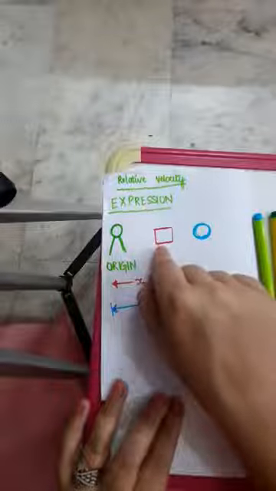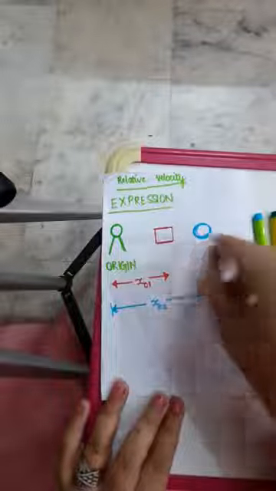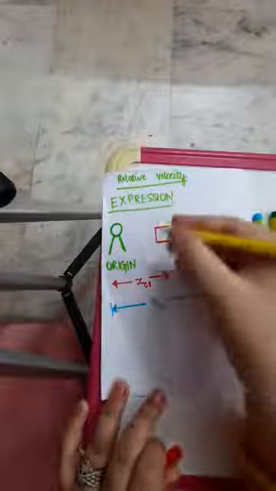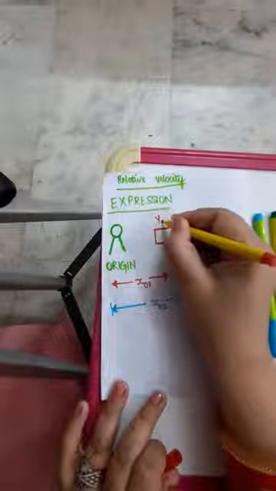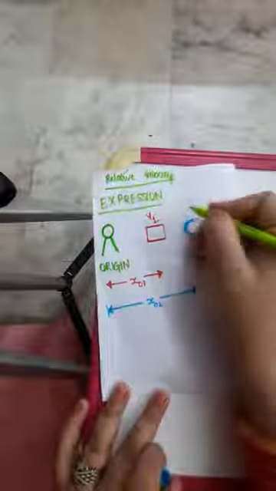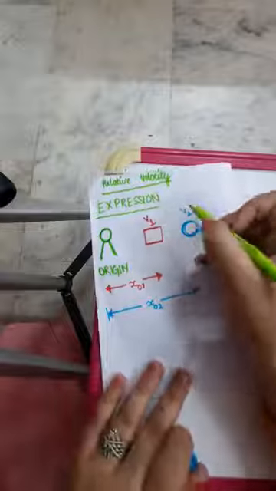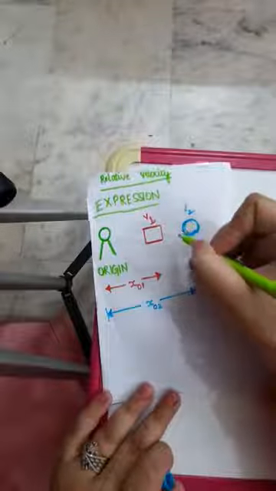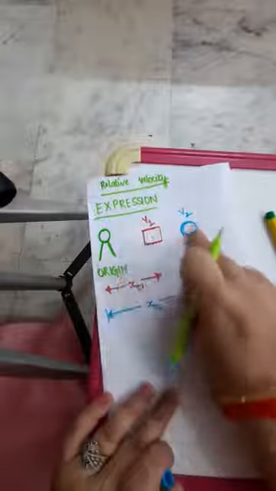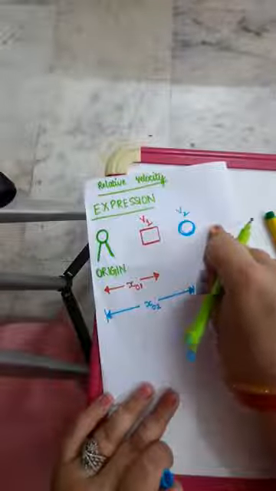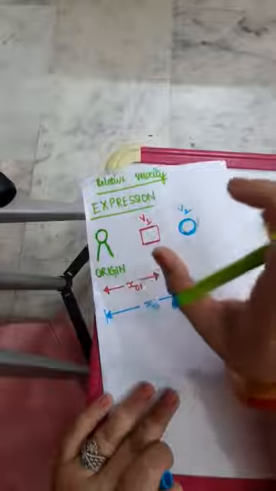Now suppose object 1 is moving with the velocity v1 and object 2 is moving with the velocity v2. Right now you don't know which one is greater. If v1 is greater, of course this object will pass the other object and move further. So right now you don't know which magnitude of velocity is greater.